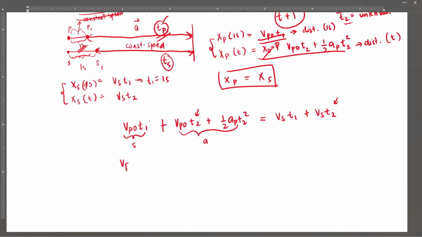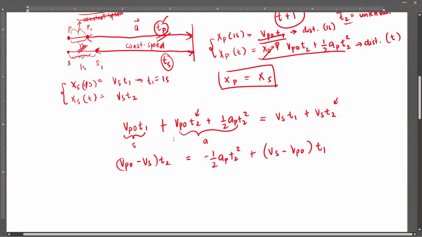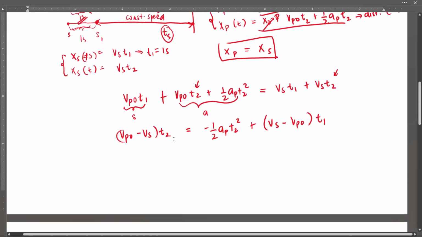So, vp naught minus Vs T2 is simply equal to negative 1 half AP T2 squared plus Vs minus Vp naught T1. Okay, so naglipat-lipat lang ako and nag-group-group lang tayo ng similar terms.